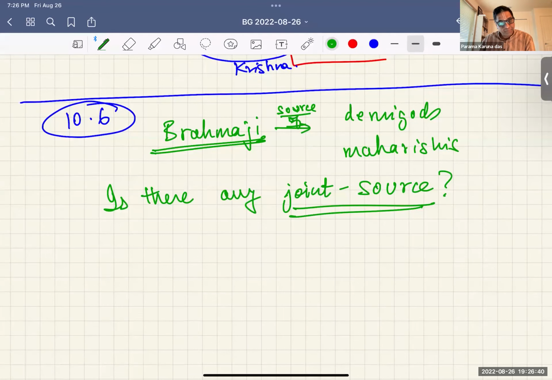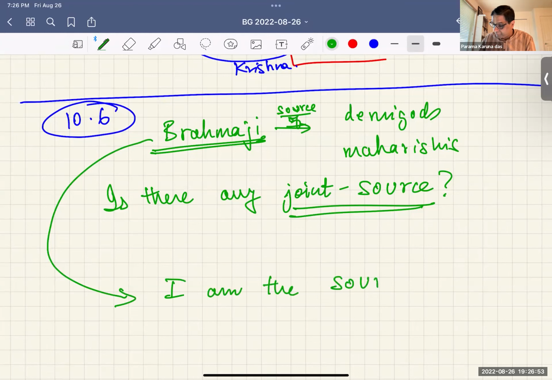Okay. And Lord Krishna says in this verse that Brahmaji, I am the source of Brahmaji. So it may not be that directly the demigods came from me. They might have come from Brahmaji, but Brahmaji came from me. And there is no other source. Is there any other source?